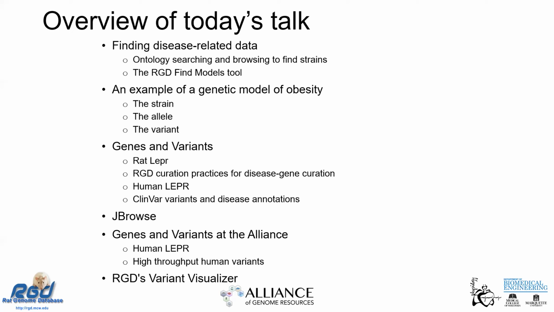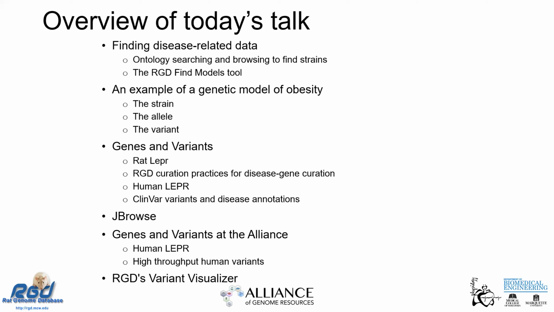So then I'll look at some genes and variants in terms of Rat Lepr, and then I want to talk to you about the RGD curation practices for disease gene curation. Then we'll look at the human Lepr, and we'll talk about the ClinVar variants and disease annotations.